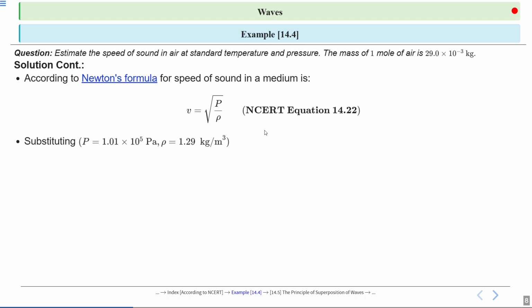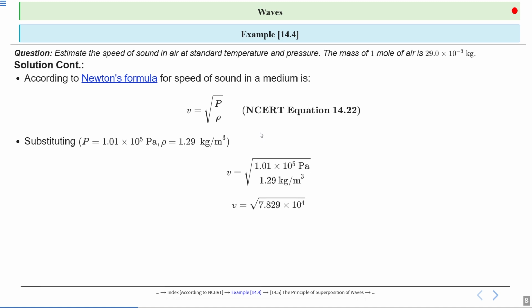Now let's substitute the standard values for air at standard temperature and pressure. The pressure P is 1.01 into 10 raised to the power 5 Pascal, and the density rho is equal to 1.29 kilogram per cubic meter. So plugging these values into our formula, we get V equal to under root 1.01 into 10 raised to the power 5 Pascal divided by 1.29 kilogram per meter cube.